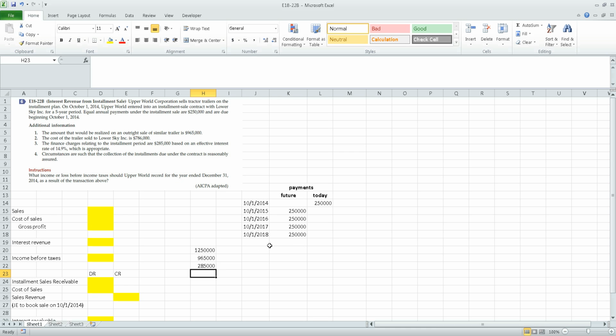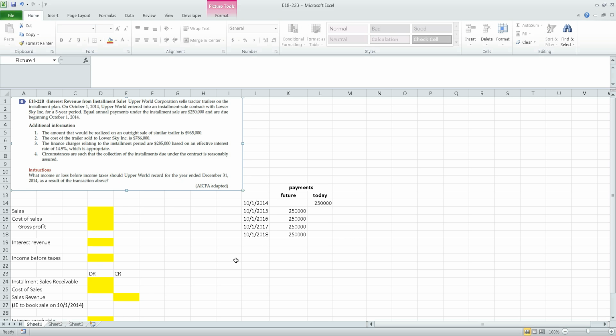Okay, so what does GAAP require that we do? GAAP requires that we measure the amount of this receivable not at its gross amount. Its gross amount is $1,250,000. Rather, we measure that receivable based upon the present value of the future payments that are required under the receivable, using, in this case, an effective rate of 14.9%.